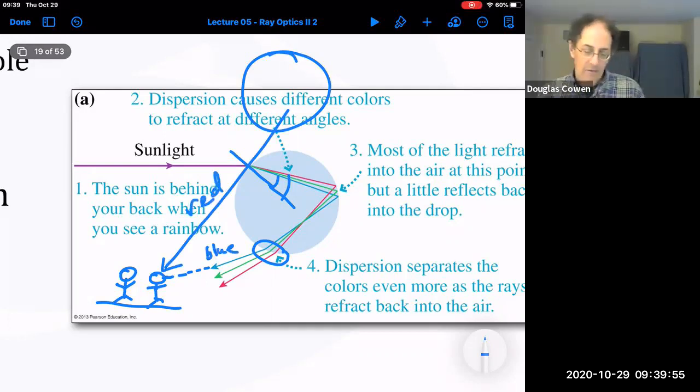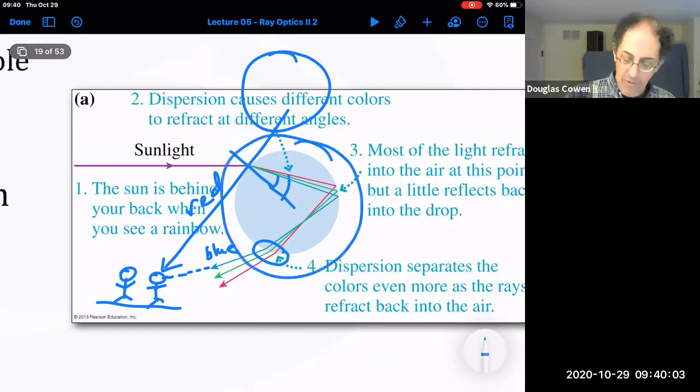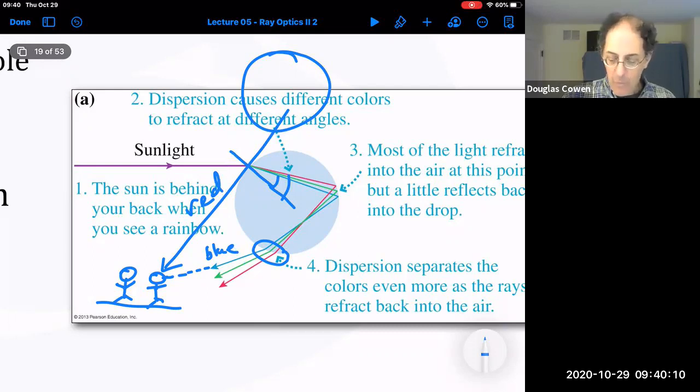So what this means is that based on this argument, we would expect that light that goes through a raindrop and undergoes one reflection at the back and two refractions, one at the entrance and one at the exit, will produce a rainbow that will have red light up high and blue light down below and all the other colors in between.